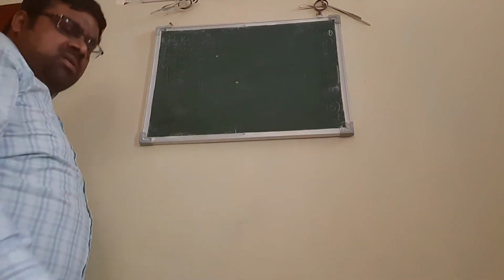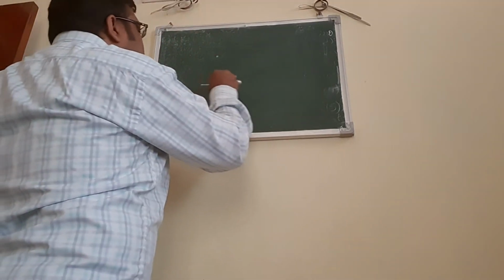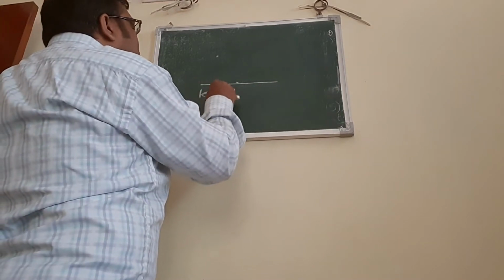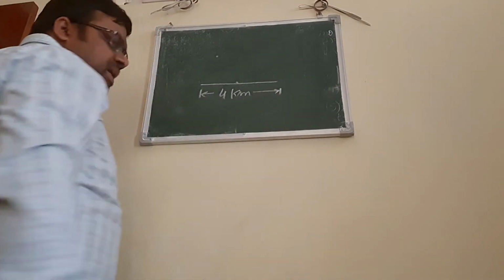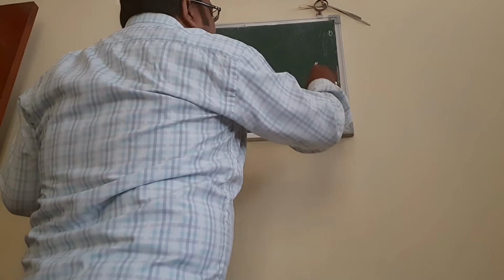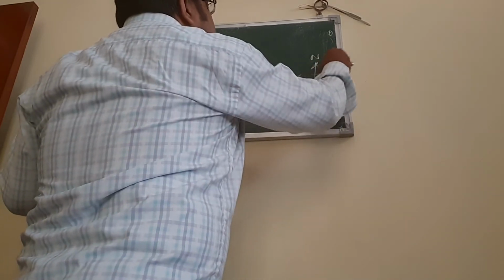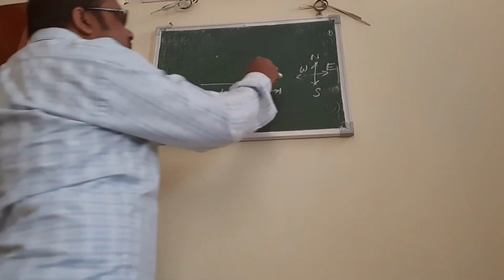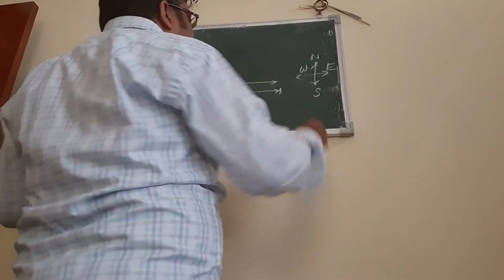Suppose there is a boy and it has moved 4 kilometers in the east direction. This is our north, this is south, this is east, and this is west. So it has moved towards the east direction 4 kilometers.